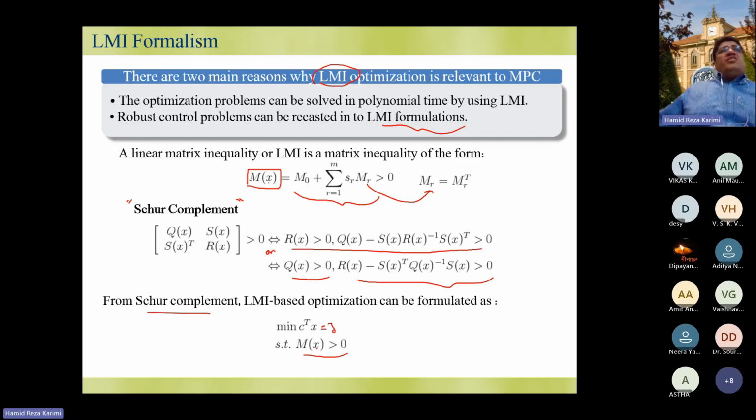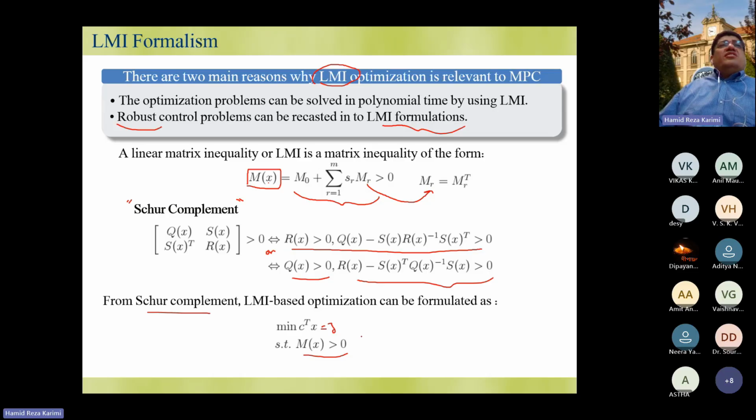LMI has become very popular in control because LMI is one way of solving the optimization problem. Specifically in robust control, LMI is very popular.